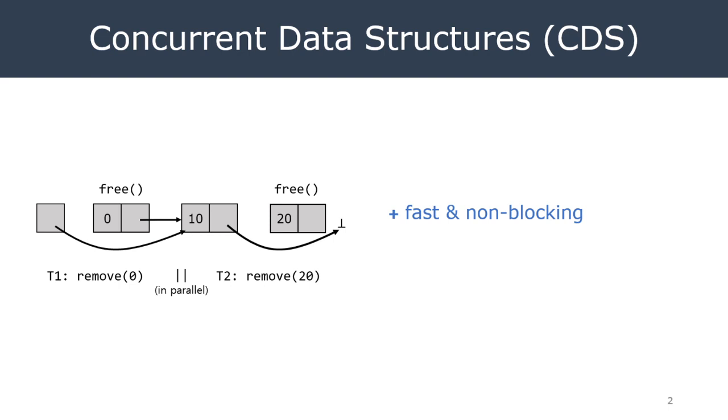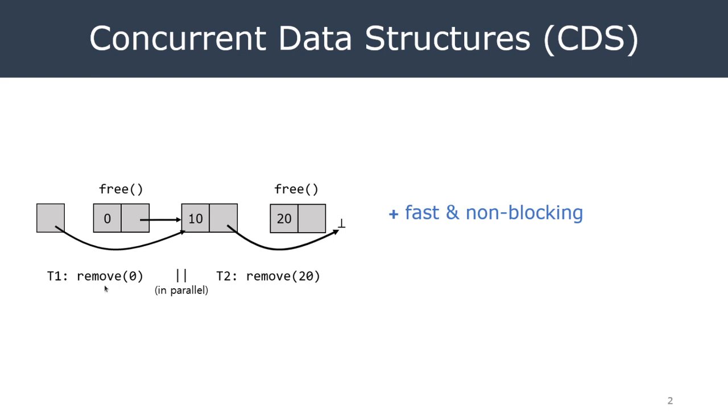Furthermore, it is non-blocking in the sense that even though other threads are working on the same data structure, I can finish my operation if my operation and the others' operations are not conflicting with each other. So I can finish my operation even though the other threads are concurrently working on the same data structure. Okay, this is the benefit.